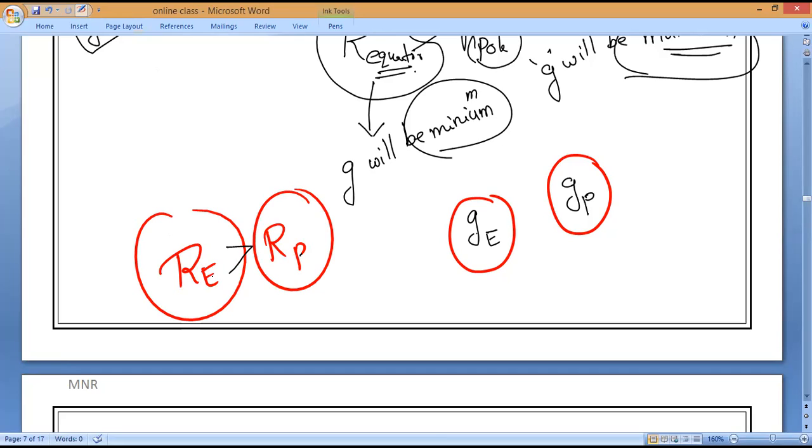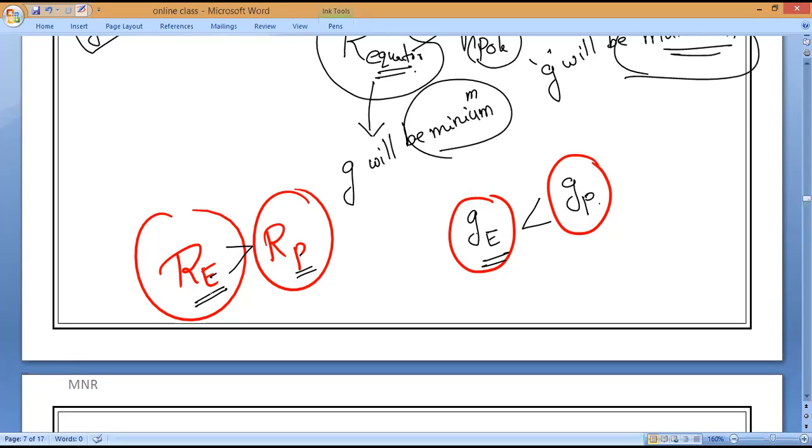Then radius at equator is bigger means gravitational force at equator is minimum or maximum? Minimum. Then which is bigger, force of attraction at E or force of attraction at P? Force of attraction at P, because at poles it is maximum, because radius is minimum. Here at equator it is minimum because radius is maximum.